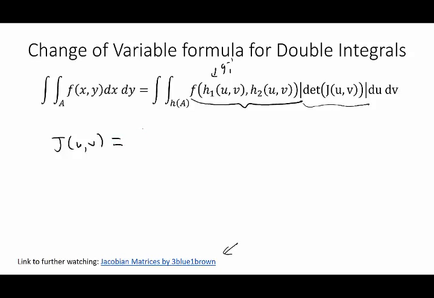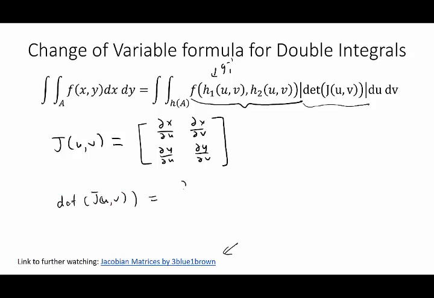What that is: we take the derivatives of x with respect to u and v, and we take the derivatives of y with respect to u and v, and we arrange those into a 2x2 matrix, and then we compute the determinant by multiplying together the elements on the diagonal and then subtracting the product of the elements on the off diagonal.